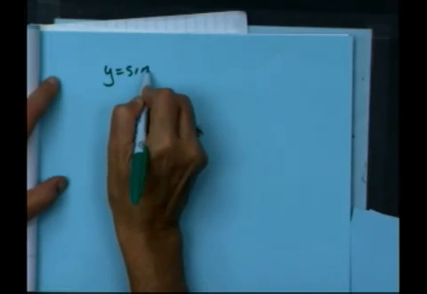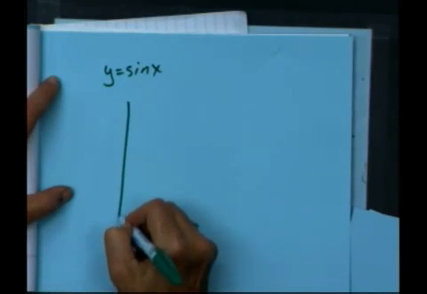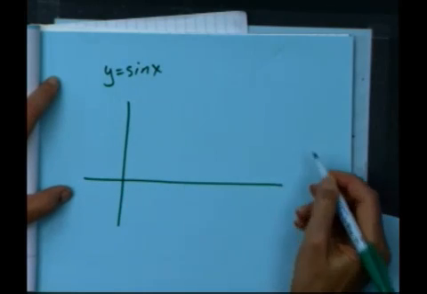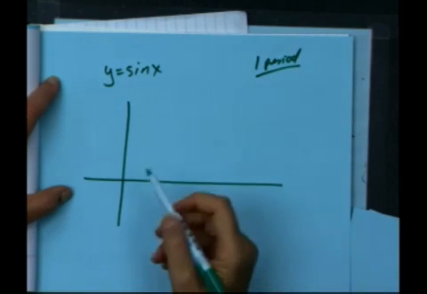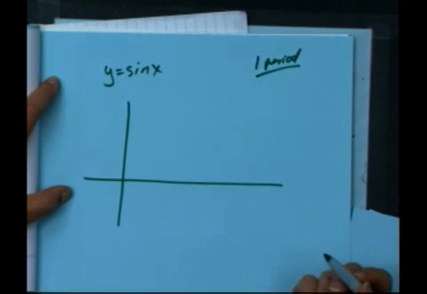Let's draw a clean cut sine curve again, and let's do a horizontal stretch or compress. All right, so we want to graph y equals sine x for 1 period. To clean this up, we're not going to put in every real number. We're going to put in the zeros, max, and mins.